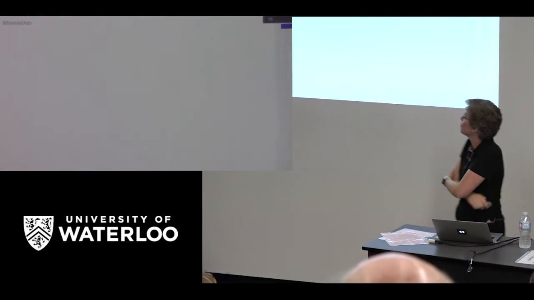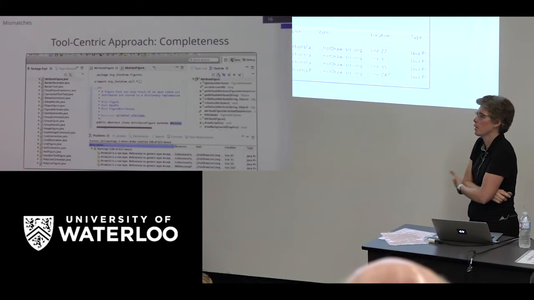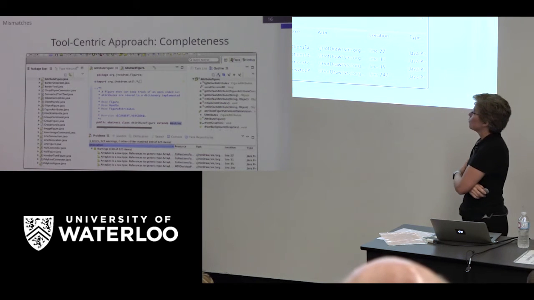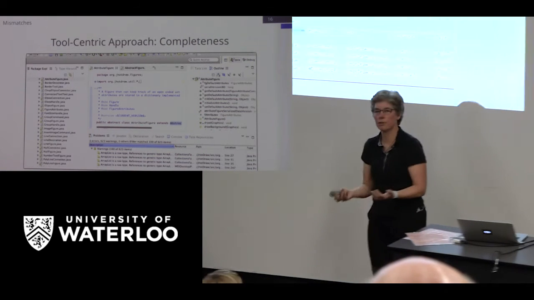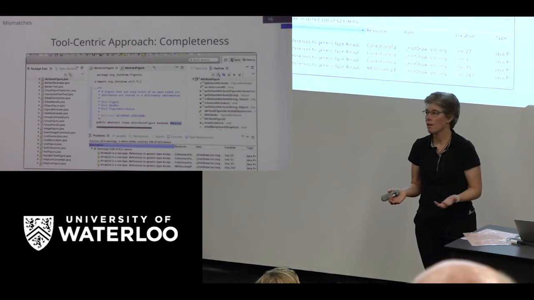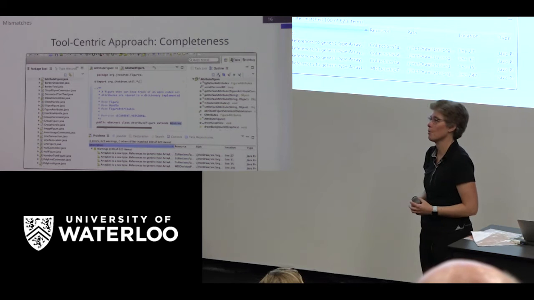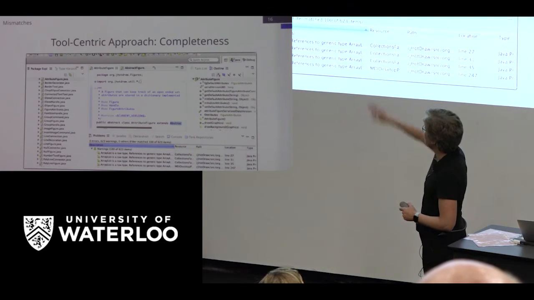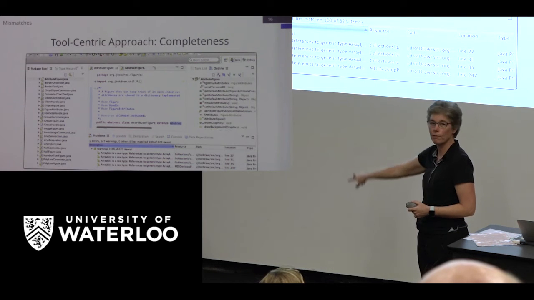What our tools do, this is Eclipse, but it could be IntelliJ, it could be whatever your favorite tool is, is take a really tool-centric approach to showing you the information you have to work on. They're actually pretty amazing tools, right? You can throw 1 million lines of code into one of these things, and it will happily show it to you all in an Explorer view.